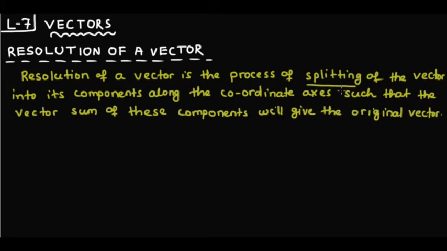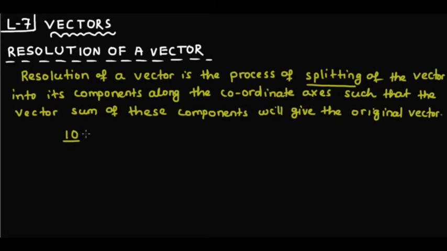So students, before explaining the meaning of this concept, I will give you a very simple example. Suppose you have a number 10 and I will ask you to split the number 10 into two components or into two parts such that when you add those two parts, you will get 10.